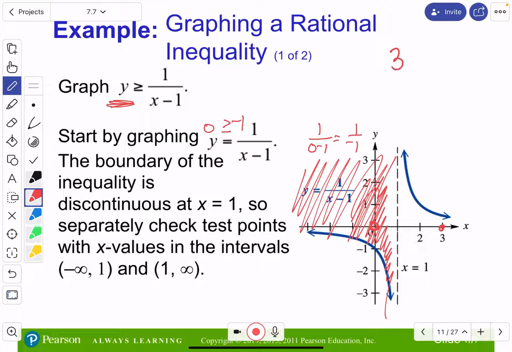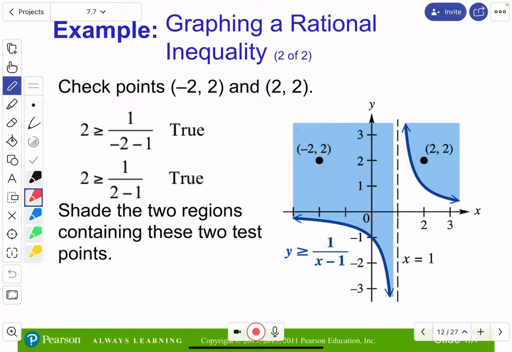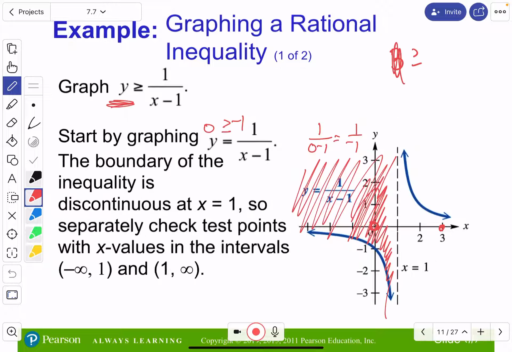So is 3 greater than or equal to, oh no, that's our x. Oh my goodness, I did that crazy. Yes, okay, so if I plug in 3, 1 over 3 minus 1, we get 1/2. So 1/2 would be about here.